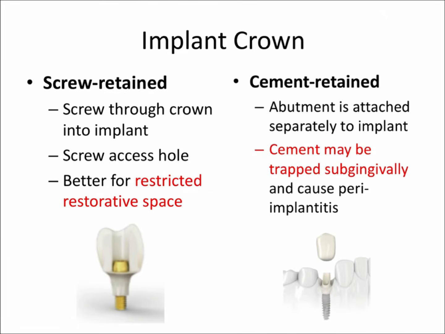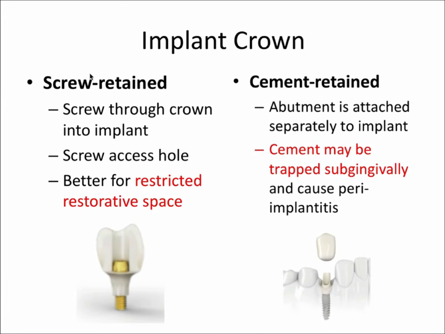Obviously, this screw access hole can't be coming through the facial surface of an incisor, so this is why the implant has to be planned thoroughly ahead of time to ensure proper placement and angulation of the implant so that the crown and this screw access hole can be angled in a proper direction.